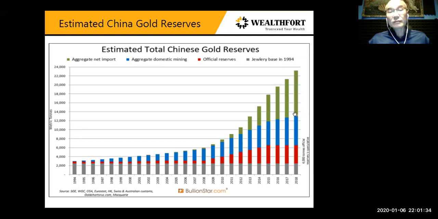A lot of the imports are sometimes underreported, because Jim Rickards, in his interview, mentioned that a lot of people estimate that the amount of gold going into China through Hong Kong is often recorded through the ports.